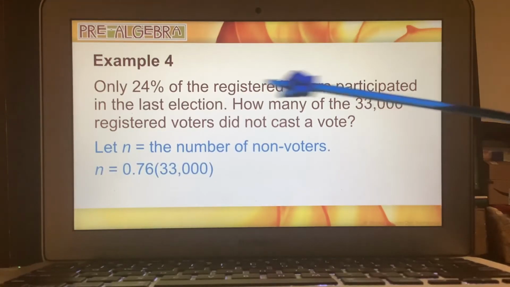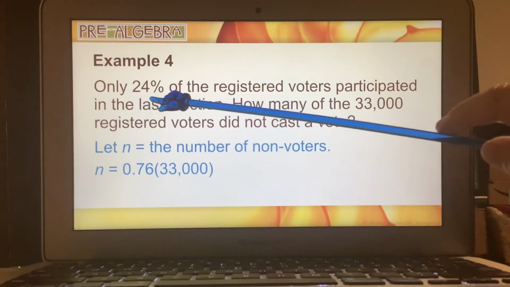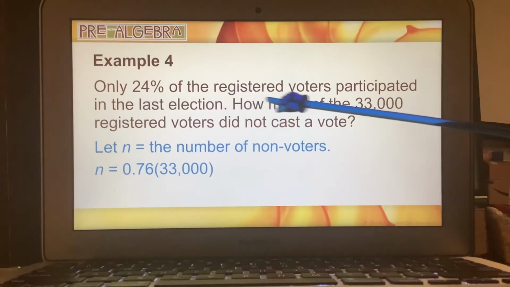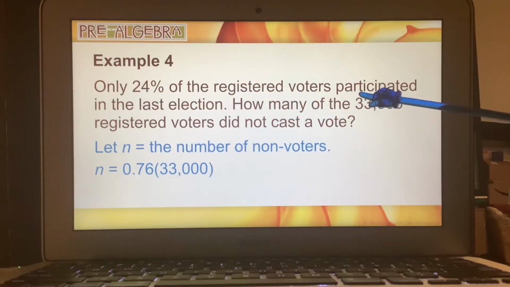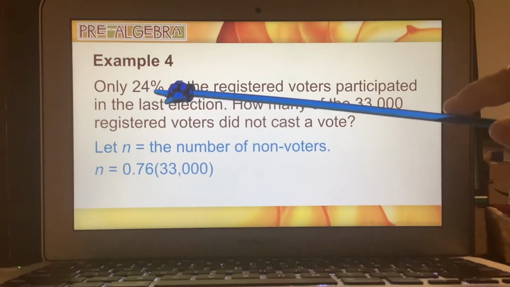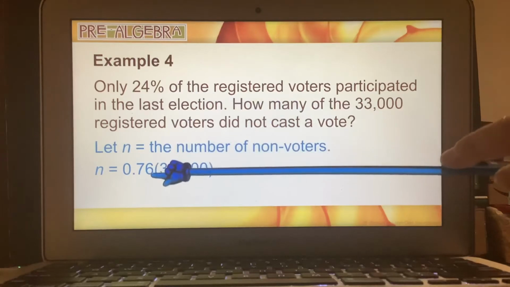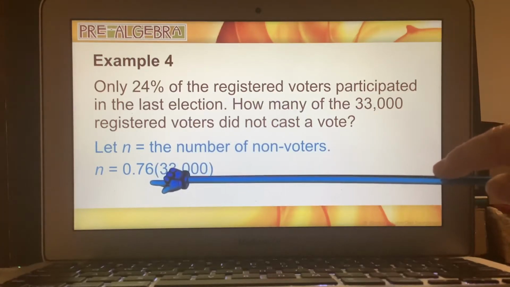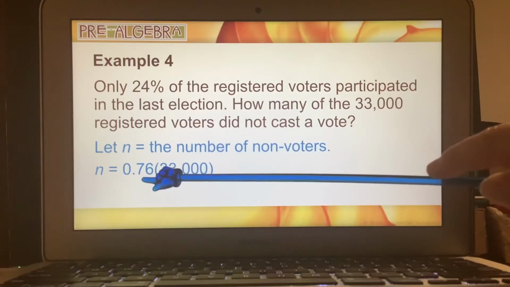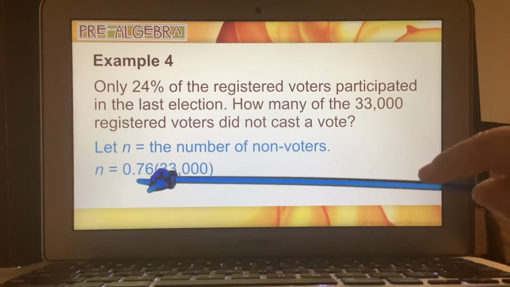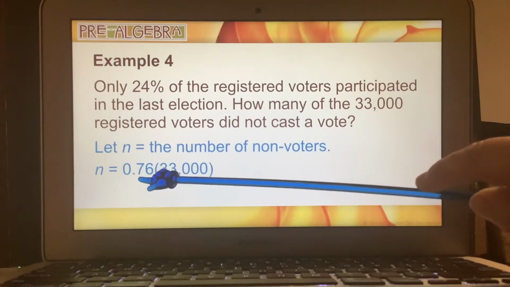And because 24% participated, when you subtract 100 minus 24%, that's going to give us 76%. And then you convert 76% into a decimal, so you get 0.76.